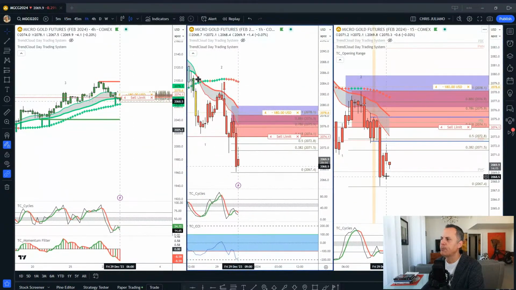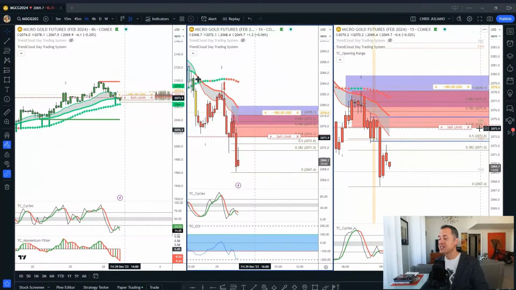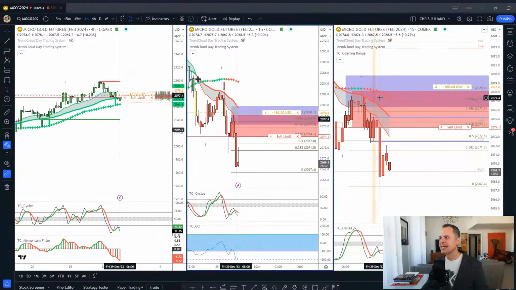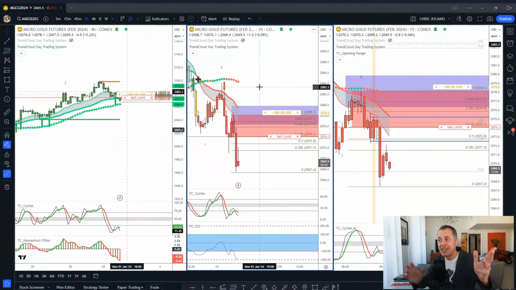But again, we're pulling back into a supply zone, which is also a retest of the opening range. It's also a 618 retracement level on Fibonacci. So you see how we're stacking the resistance levels? We're in a very strong downtrend on both the 15 and the 1 hour.